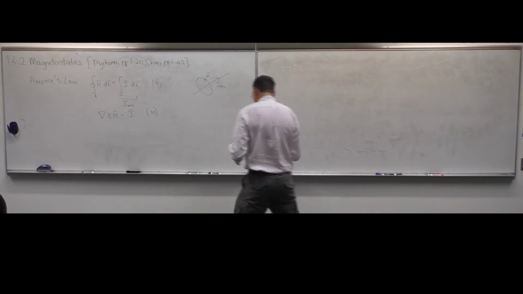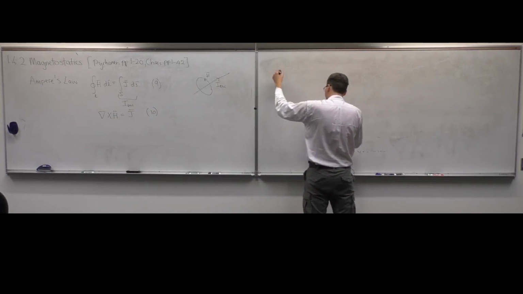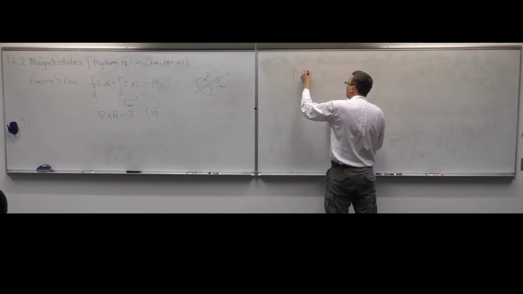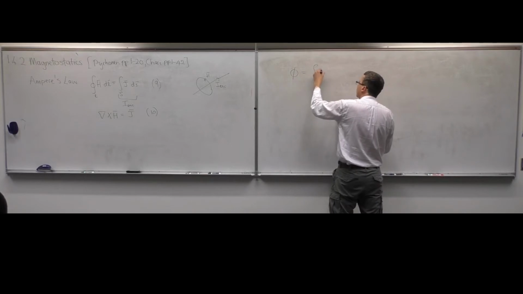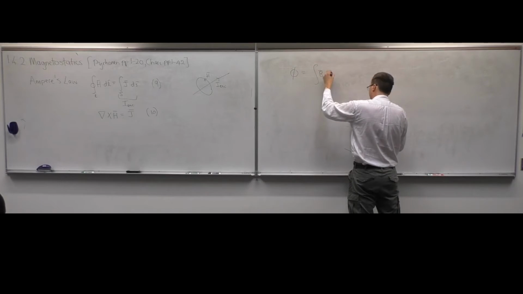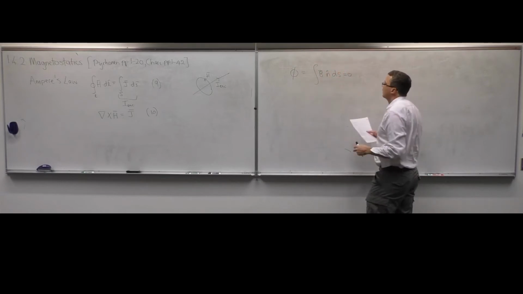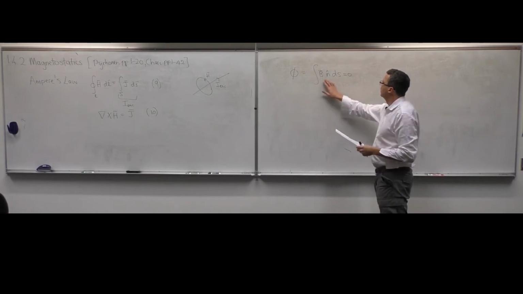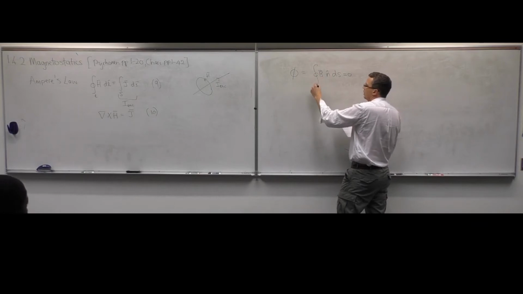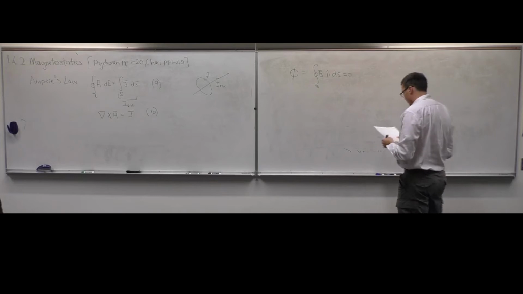And then we also have that if we integrate the magnetic flux density over an enclosed surface, where this loop means it's enclosed, the total has to integrate to zero.